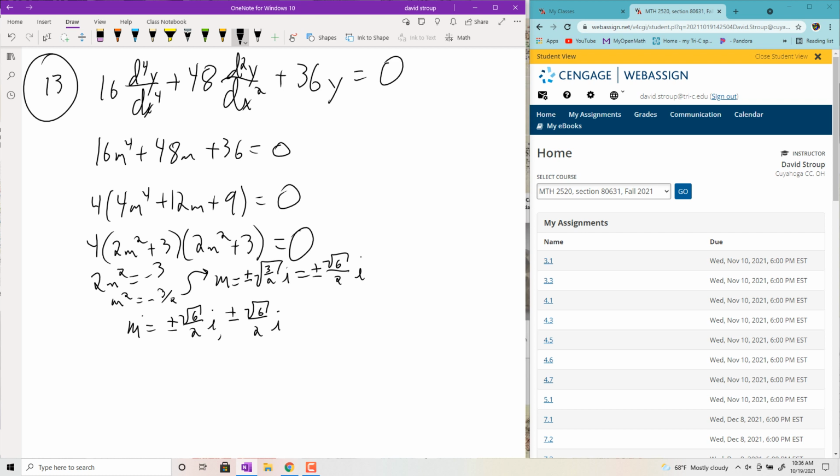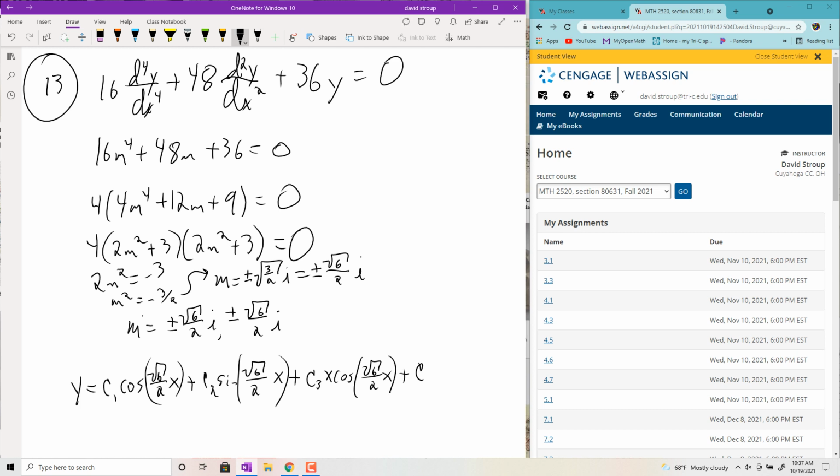So our general solution here: c1 cosine root 6 over 2 x plus c2 sine of root 6 over 2 x, and then you start tacking on x's. So all this junk is inside sine, all that junk's inside cosine. Then c3 x cosine root 6 all over 2 x plus c4 x sine root 6 all over 2 x.